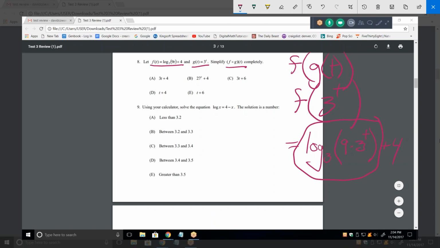There is actually a way. Let's go over here on the left and write log base 3. It's another way to write the argument. Instead of 9 times 3 to the t, what's another way to write 9? 3 squared.